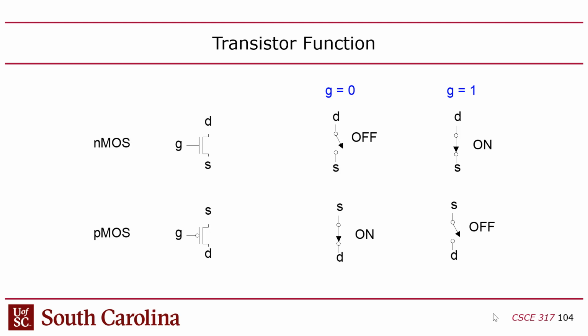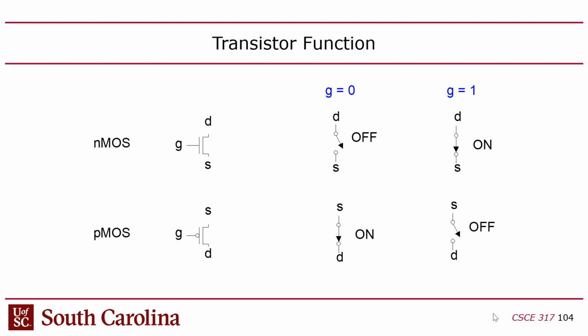Now, the difference between NMOS and PMOS is which value of the gate turns it on or off. In the case of an NMOS, if the gate is 1, meaning logic level 1, whatever your VDD power supply is, that turns the transistor on, and if your gate is 0, it turns it off. On means connect drain and source. Off means disconnect drain and source. PMOS is just the opposite.